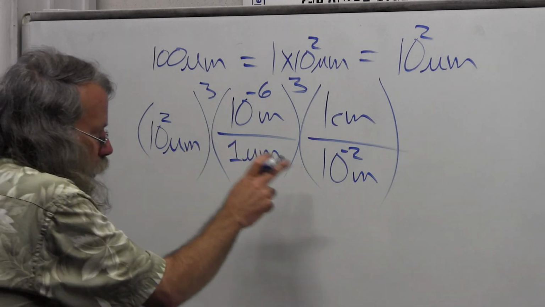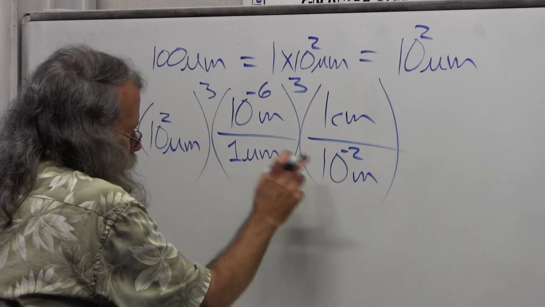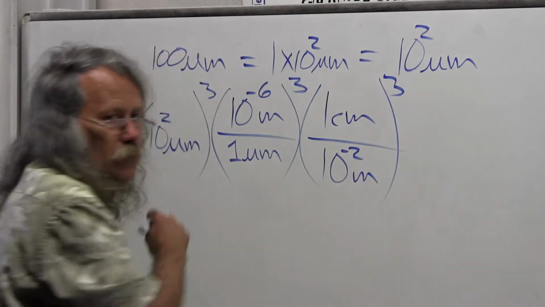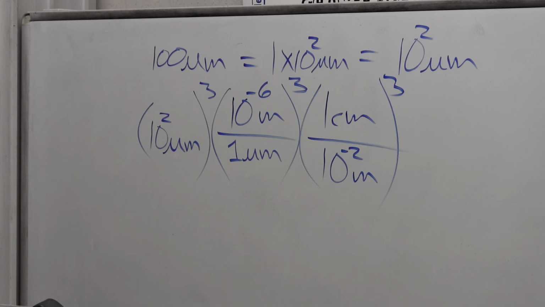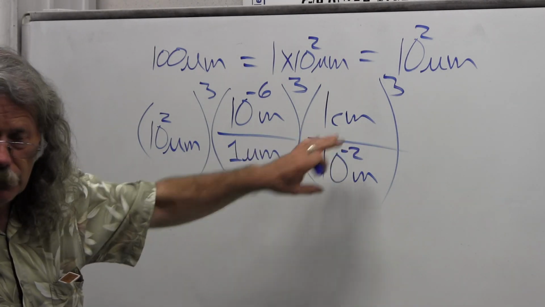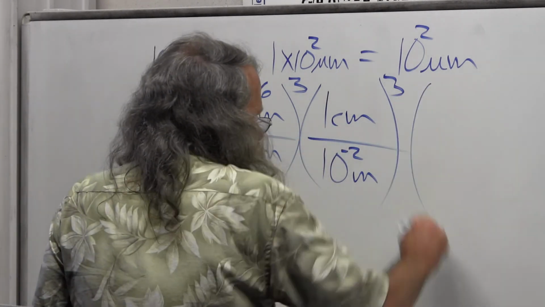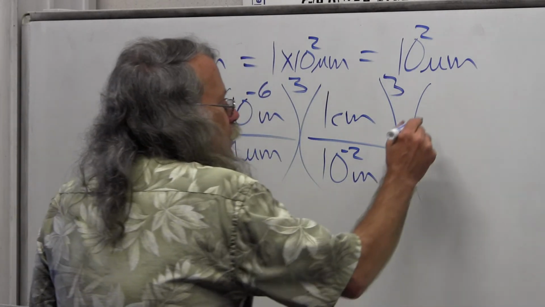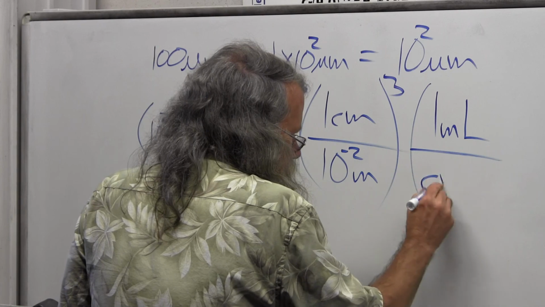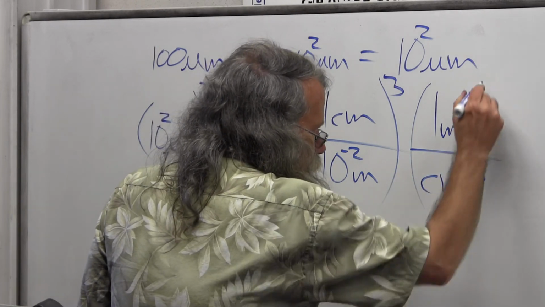And now I have to cancel out all of these, so I'm going to have to perform this conversion 3 times. So I've cubed it. That cube seems to be the theme here, okay? And now I am in cubic centimeters. And now I need the following conversion. There is 1 milliliter for every centimeter cubed.